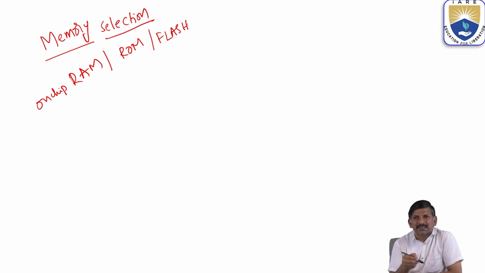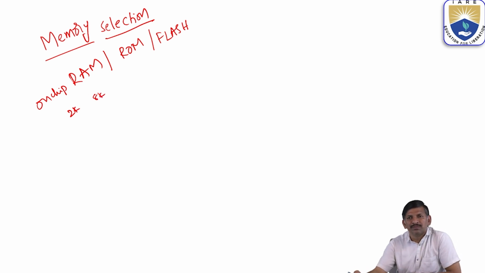Based on the design size, if it is 2 kilobytes, you can take maximum 8 kilobytes like that as possible. Based on the requirement we can take the nearest value of that memory size. Like that we need to choose the memory as per requirement.